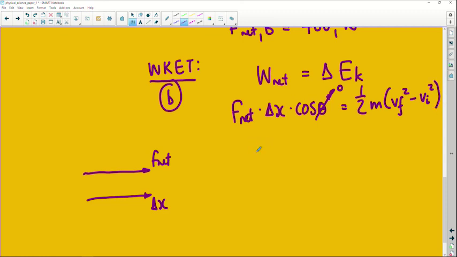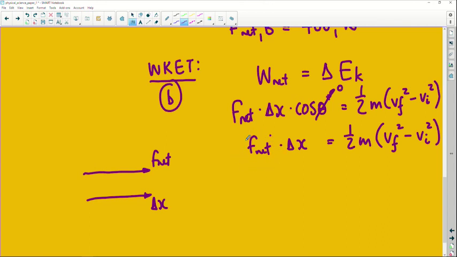So now this equation simplifies to the following. F net times delta x is equal to half the mass times final velocity squared minus initial velocity squared. So there we have our work kinetic energy theorem for this situation. Right, so now what we need to do is substitute the correct values.